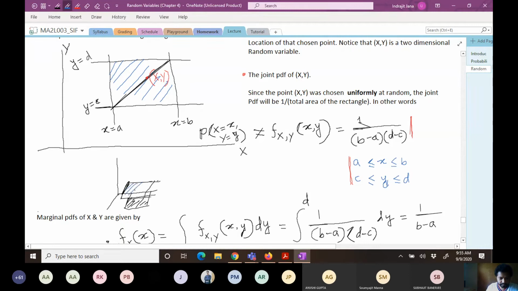Because this function was flat, the PDF is flat for the whole rectangular region.